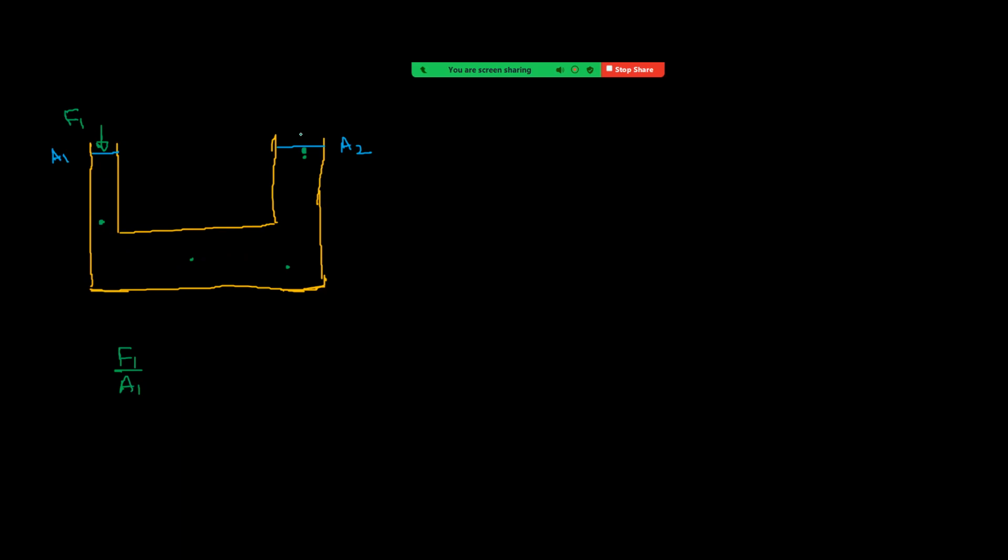Just imagine we are keeping a heavy object here, say a car. You might have observed in car washing that a car is lifted using the same principle. Your area A1 is small, so even for a small force, F1 by A1 will be large.